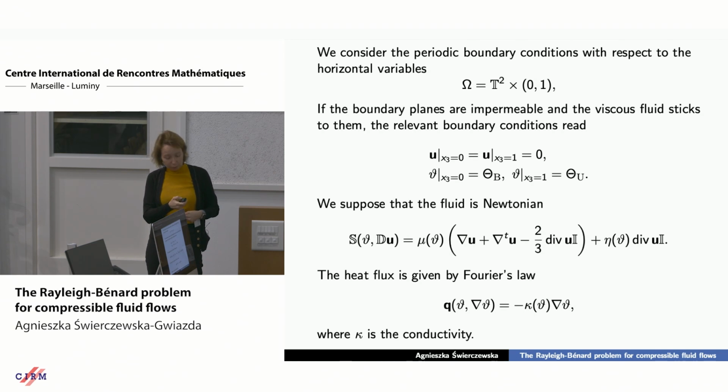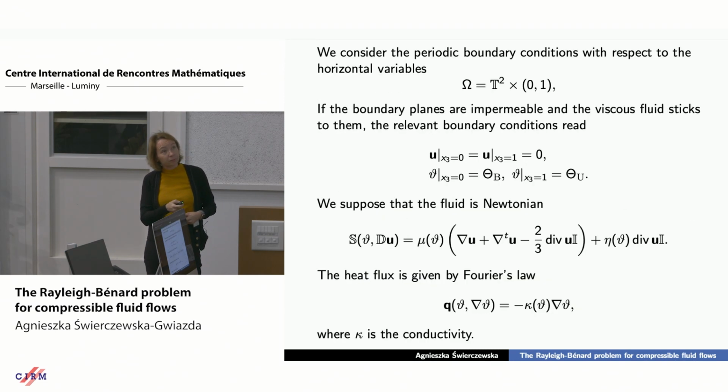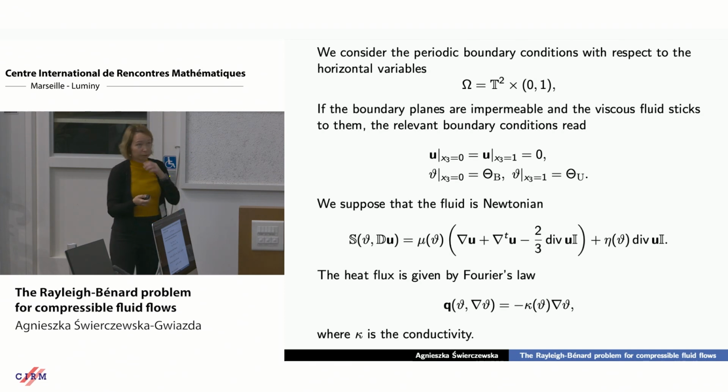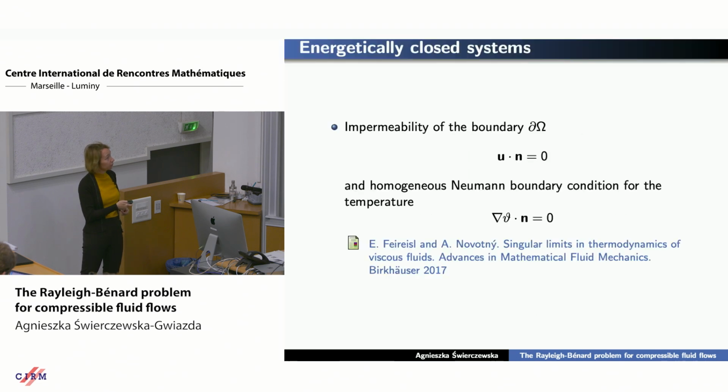The bottom temperature will be denoted by theta b and the upper temperature by theta u. So intuitively, we have two given quantities. I assume for simplicity they are constant, but they can be functions. The fluid is Newtonian, and the heat flux is given by Fourier's law. So everything is standard here.